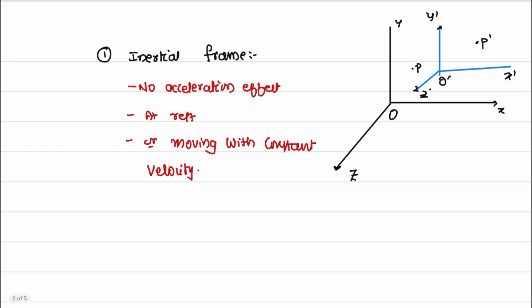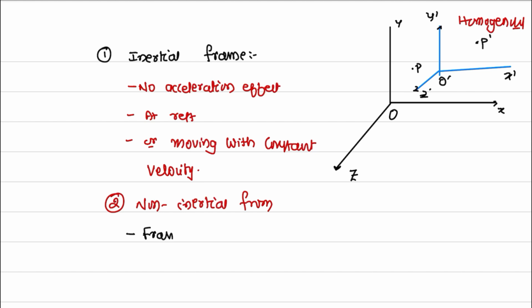But in case of a non-inertial frame, this is homogeneous space, and there is another called isotropic space also, which I have explained in the previous classes. In case of a non-inertial frame, the frame is accelerating.